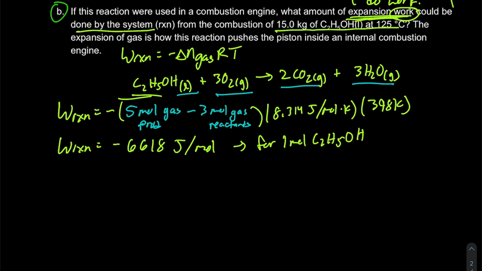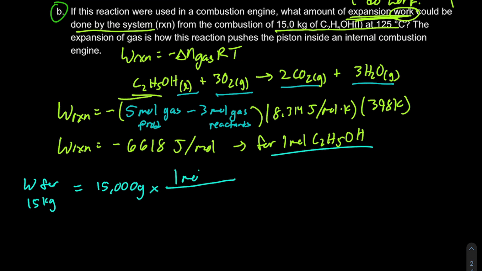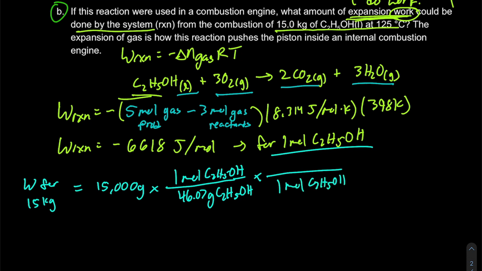So if we want to look at the work for 15 kilograms, that's going to be 15,000 grams. And again, we have this in a molar amount, so let's first convert it to moles. 1 mole of ethanol is 46.07 grams, this is our molar mass. And that's going to correspond to the number of joules of work that was done.